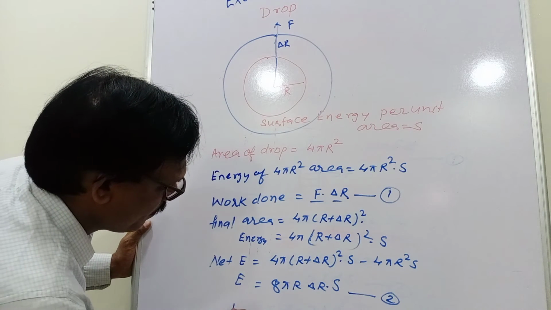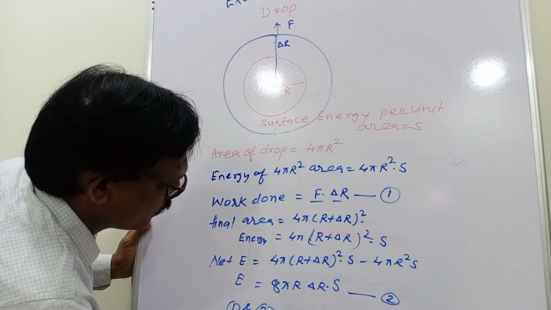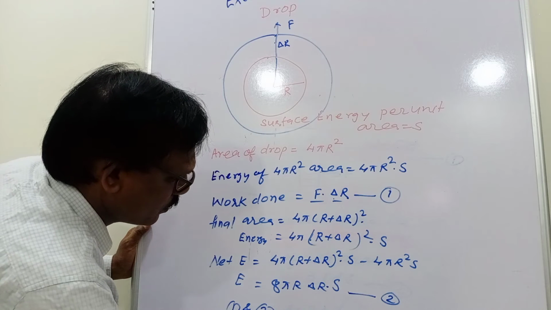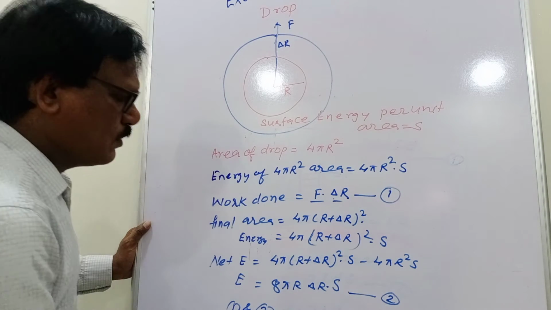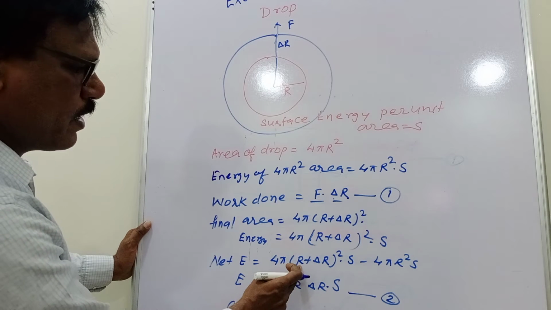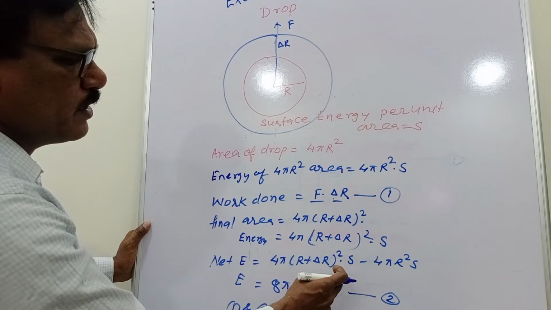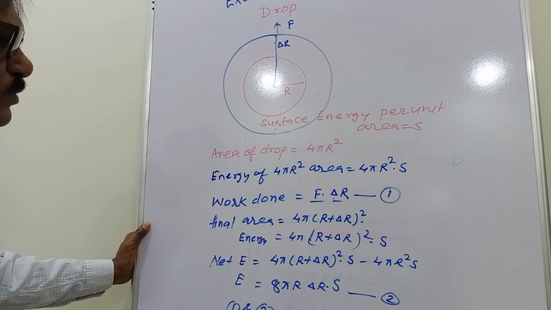So from 1 and 2, F into delta r is equal to 8 pi r delta r S. You can do this calculation: (r plus delta r) square is a square plus b square plus 2ab, and delta r square is neglected. This is there in the PDF, and you can do that also.